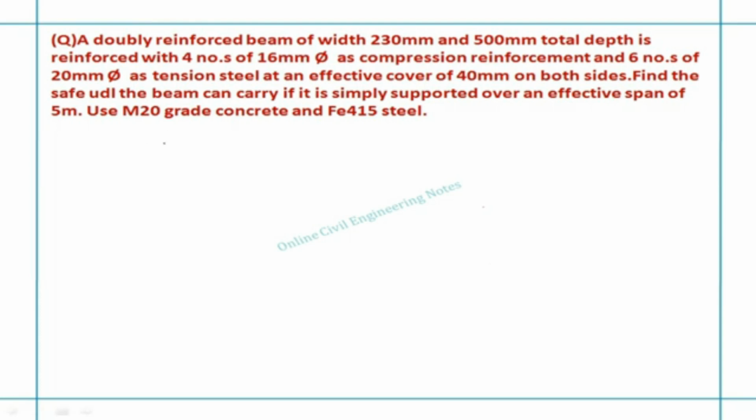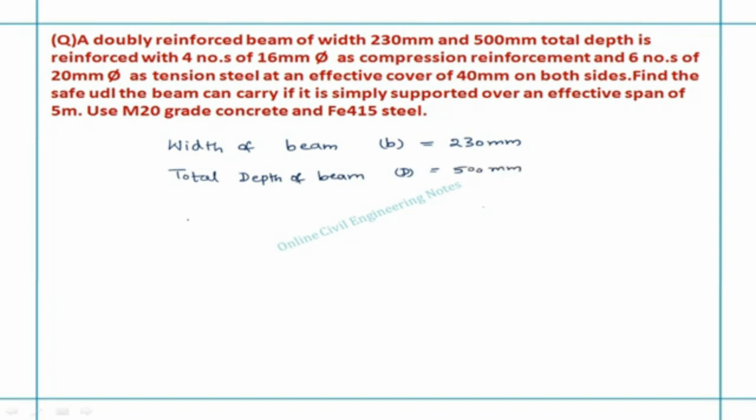Width of the doubly reinforced beam, B is equal to 230 mm. Total depth of the beam, capital D is equal to 500 mm.